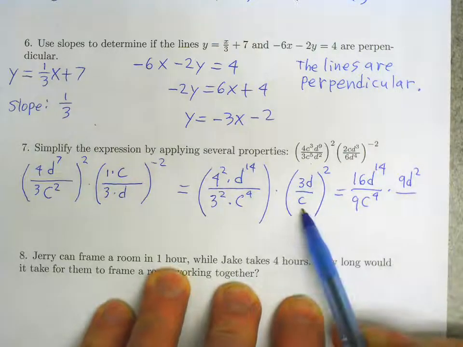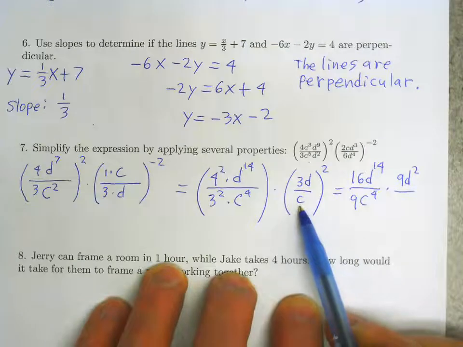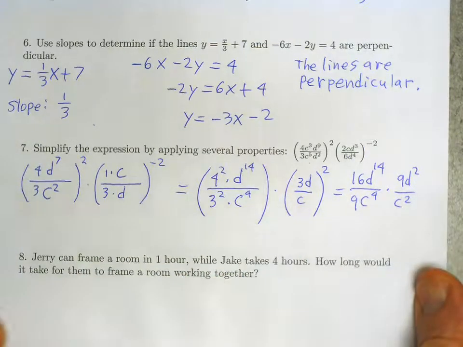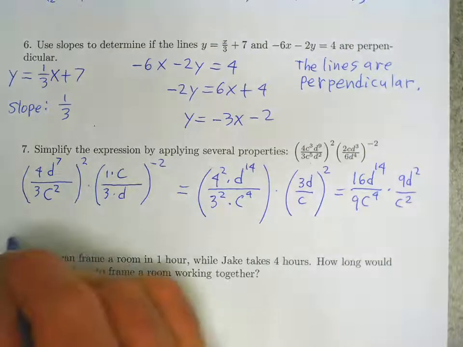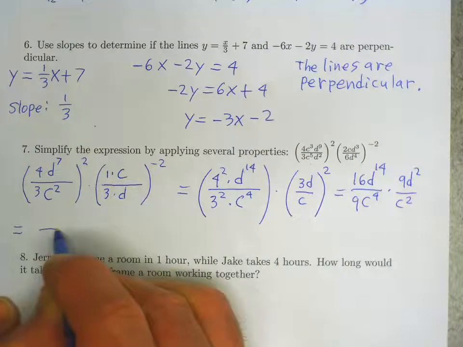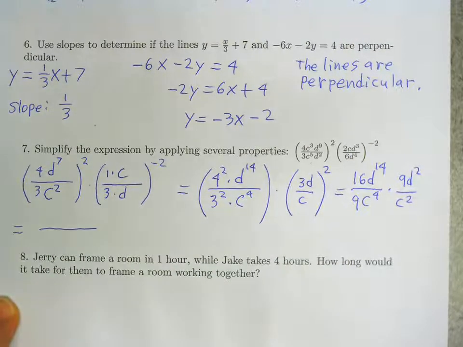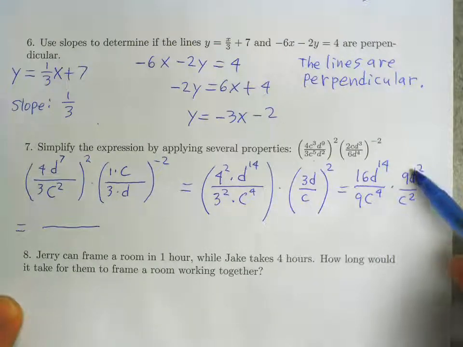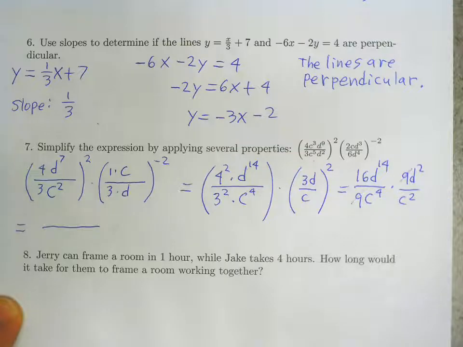And then in the denominator, c to the second. Okay, and we should be able to write the completely simplified expression in the next step. Notice that 9 divided by 9 cancels.